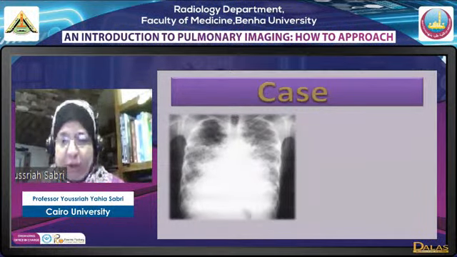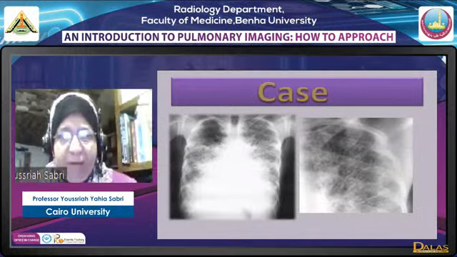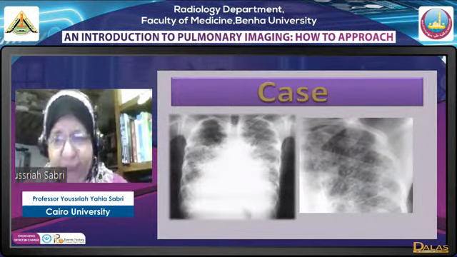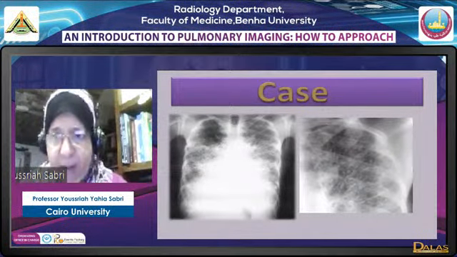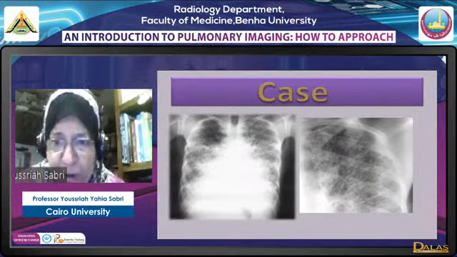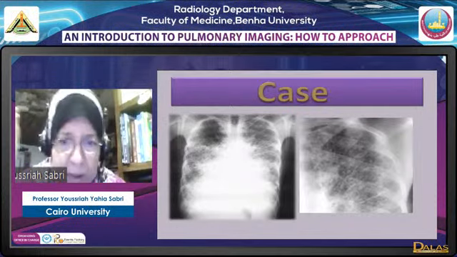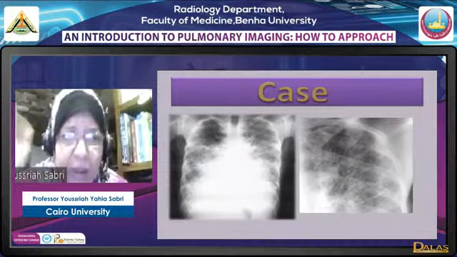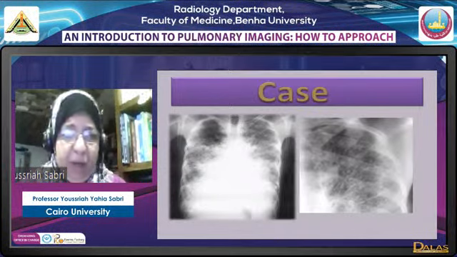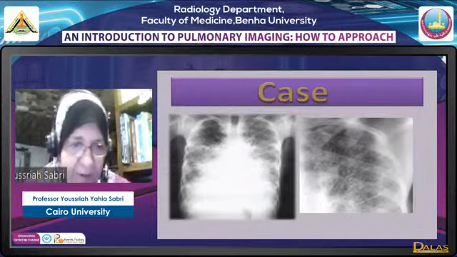Now in this case, what do we have here? We have a diffuse bilateral disease. If you look at the unit of lesion in the magnified image, we'll see that the lesions are tiny, dense nodules. Now, if we also look at the PA film, you find that you cannot find the end of the lung.